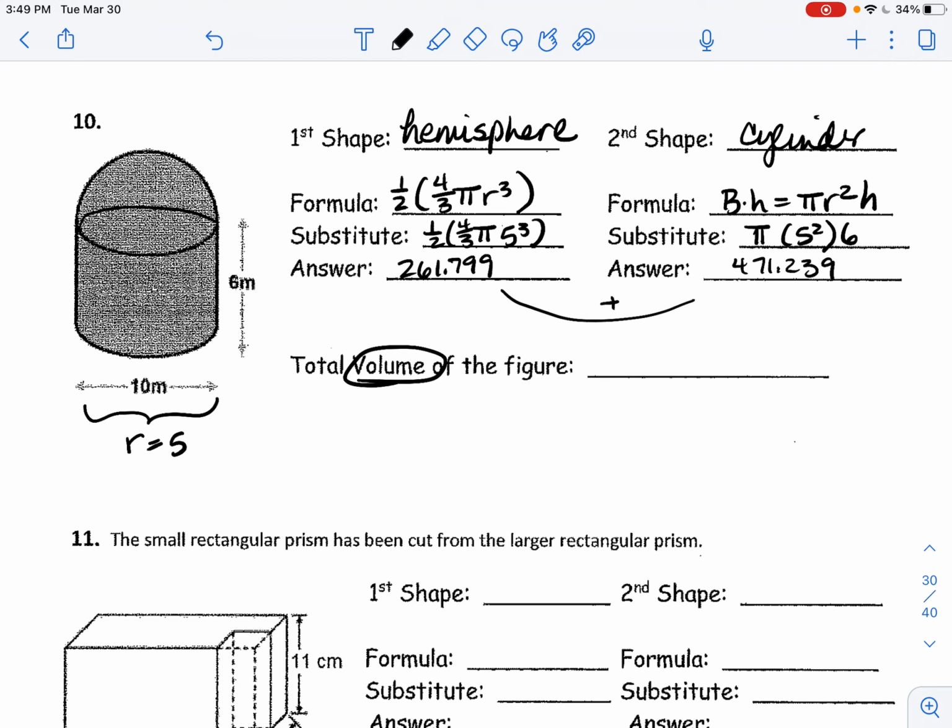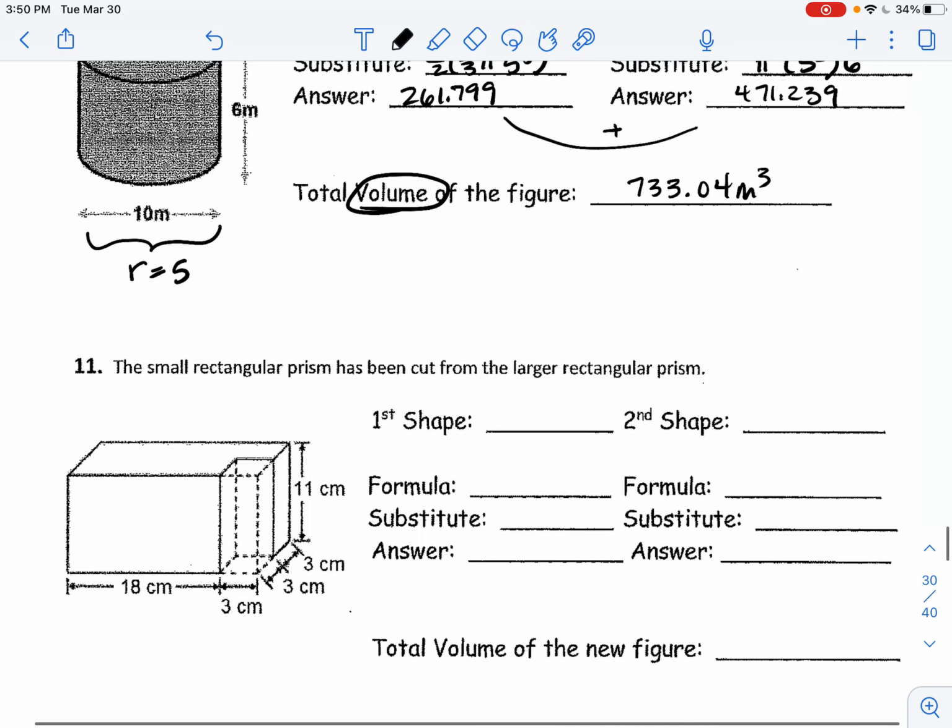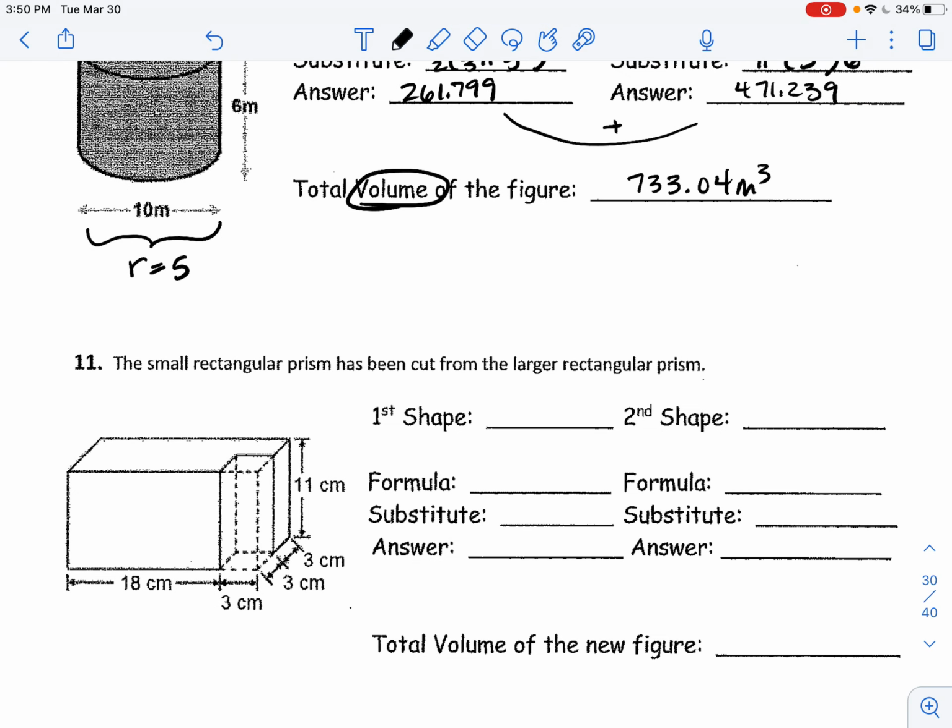When I add these two together to get the total volume, that gives me 733.04, and this is meters cubed because we're finding a volume.